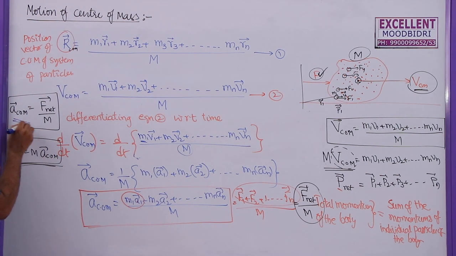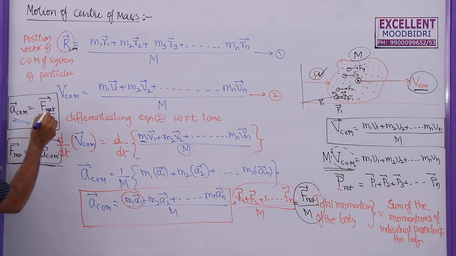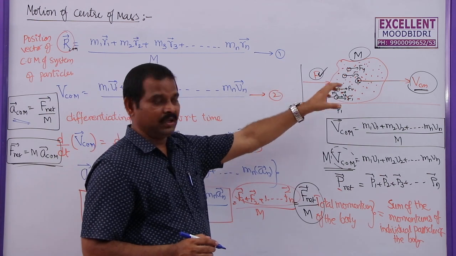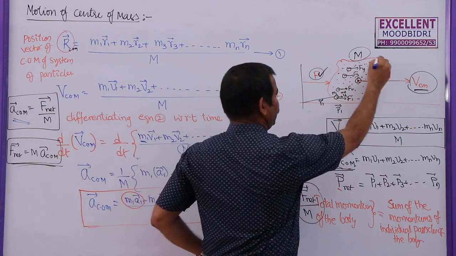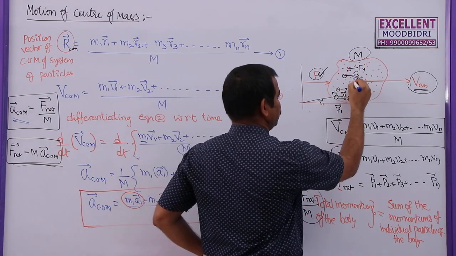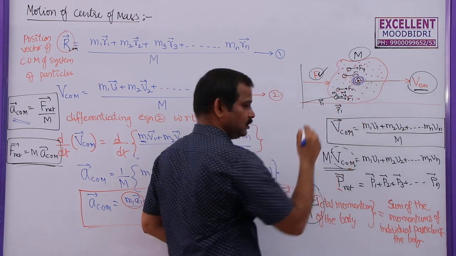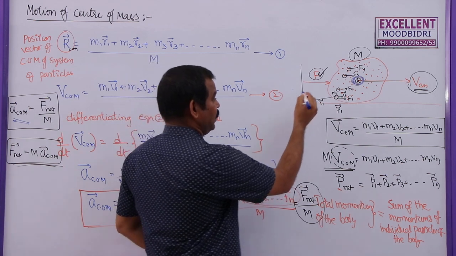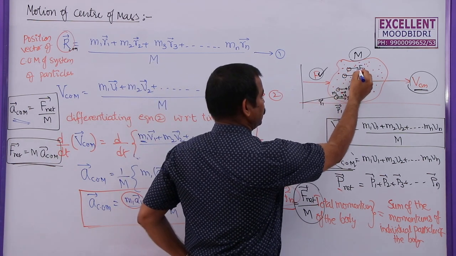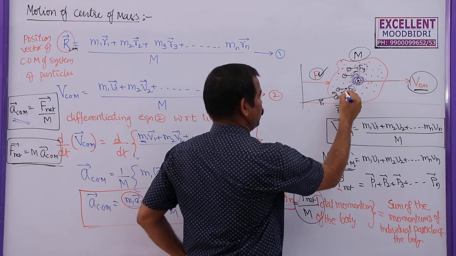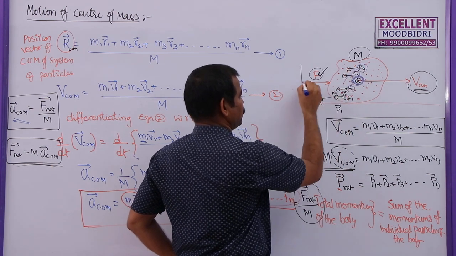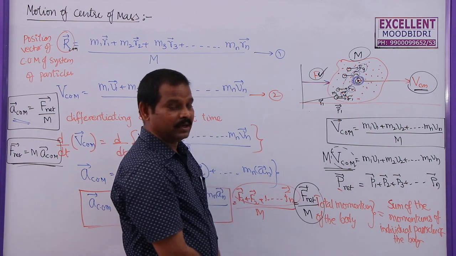If you observe this one, ACM, this is a total net force by total mass. That means this body is moving such that the total mass of this body is concentrated at the center, that is at the center of mass, and all the net forces, that is all the external forces, F1, F2, F3, F4, sum of all these forces are acting at that point only.